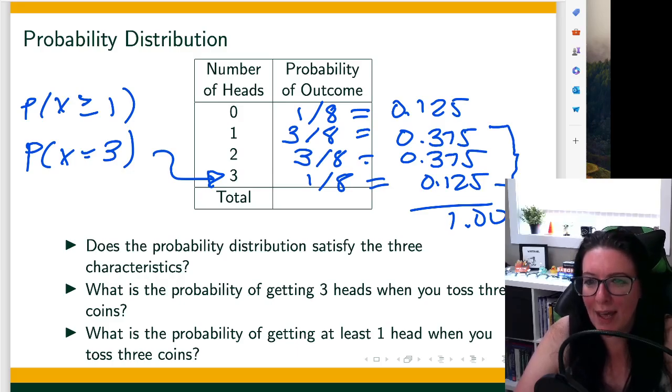So at least one head is 1, 2, and 3. We could take our 100% and subtract the 12.5% to find the probability of getting at least one head, or we could simply add up 0.375 plus 0.375 plus 0.125 to find that answer.